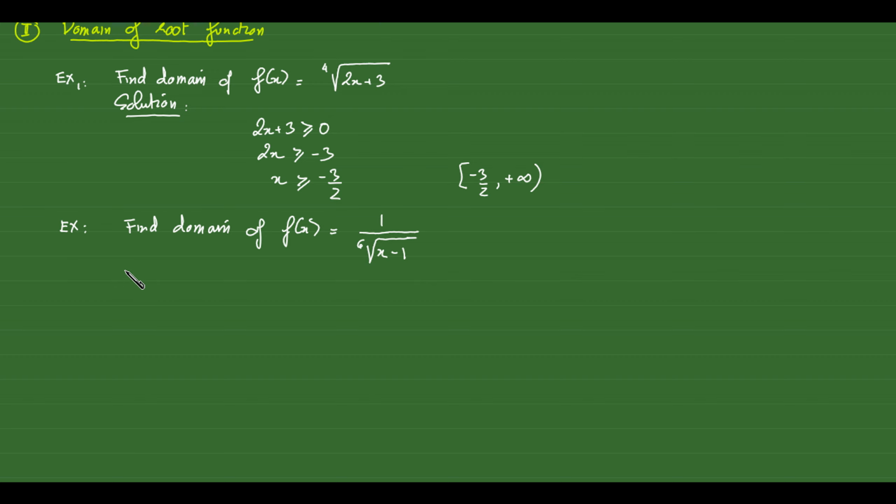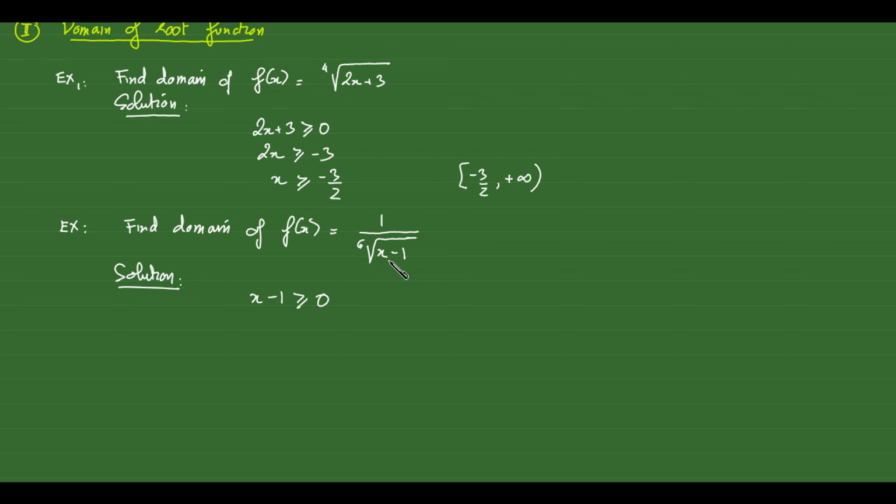So in order to find the domain of any even root, we set up the radicand, which is everything inside the radical, greater than or equal to 0.